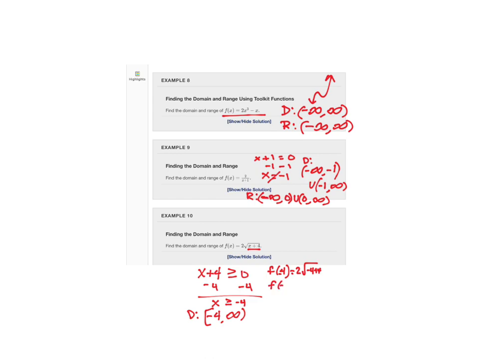So the bottom of this function is 0. So this one's going to go from 0 to positive infinity. Good job, Mason. 0 to positive infinity. Is it going to touch at 0? Yes, because that's what we output when x is input -4.